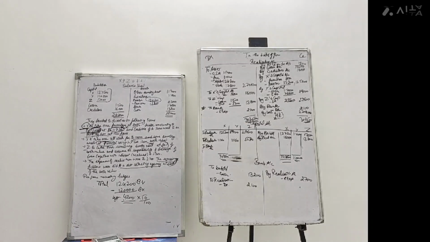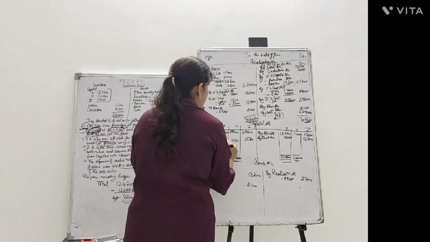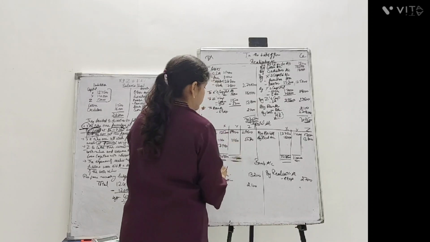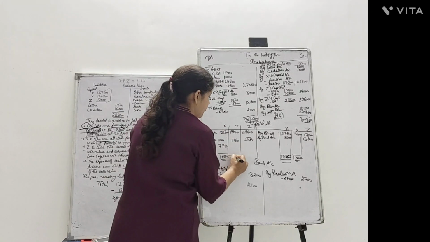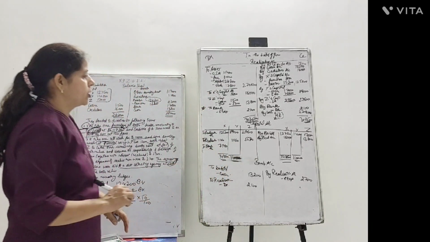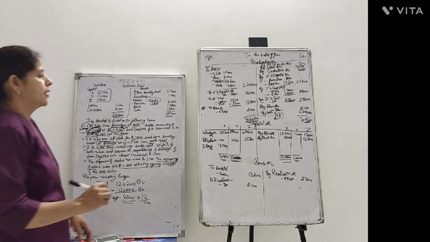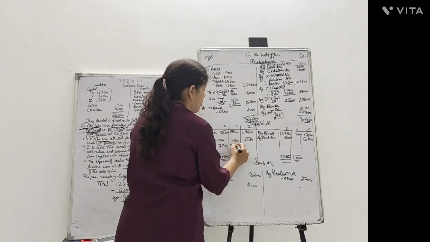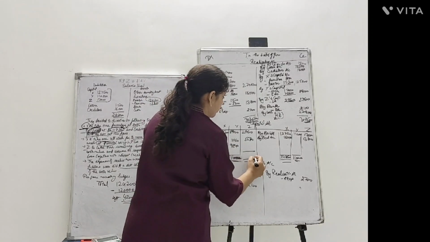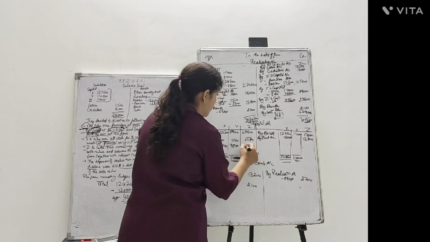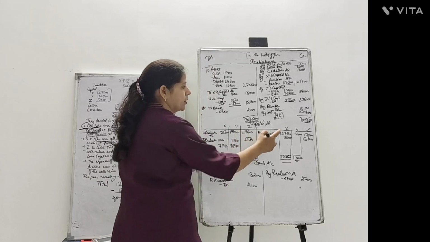So the business value left over here is 7,140 in the case of X, and for Y this valuation is rupees 9,840. But for Z, the total of the debit side is more as compared to the credit side.